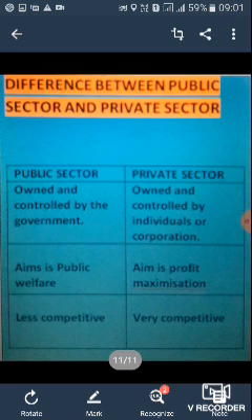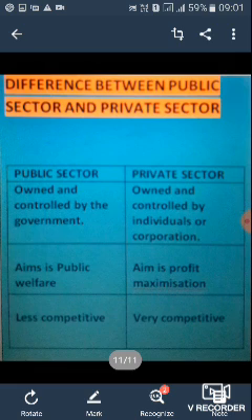The aim is profit maximization. Public sector is less competitive. That is why you can see lethargy in the work atmosphere of the public sector, because there is less competition there. However, a lot of competition is there in the private sector. So that is why we get the best of services from the private sector, because of the cut-throat competition they have.